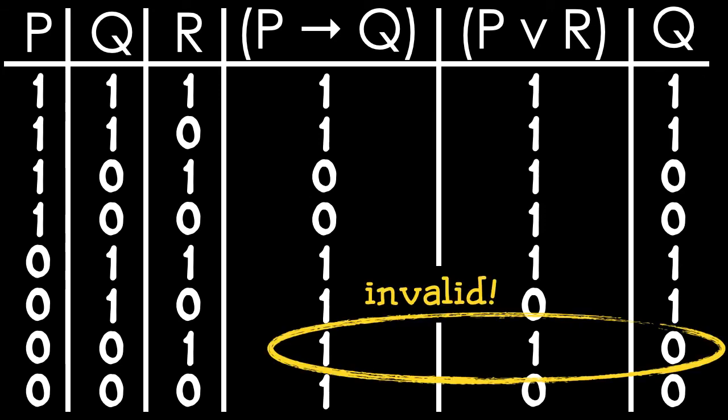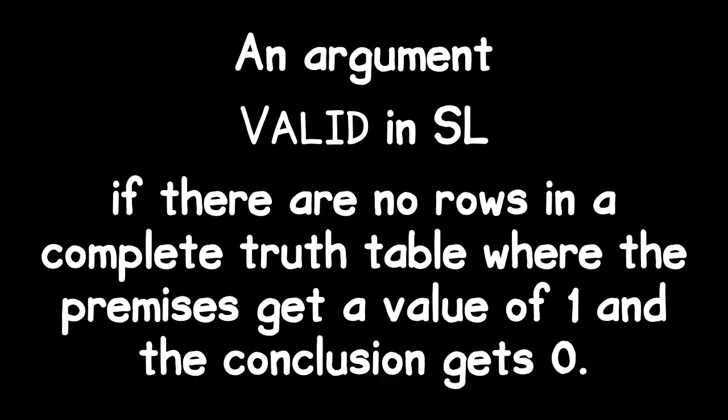There is a row like that, here near the bottom. And since there is, the argument is invalid. To flip that around, an argument is valid in SL if there are no rows in a complete truth table where the premises get a value of 1 and the conclusion gets a 0.